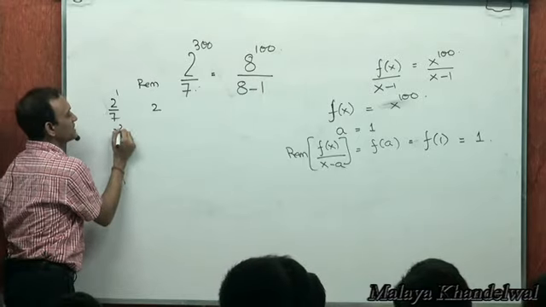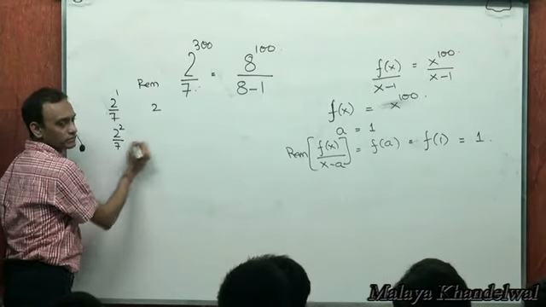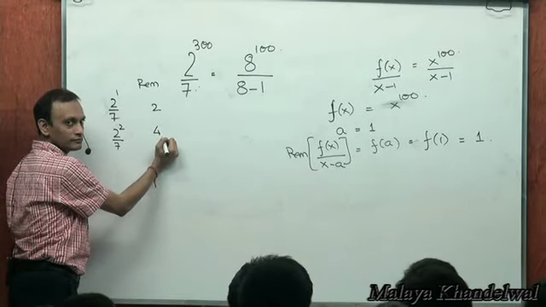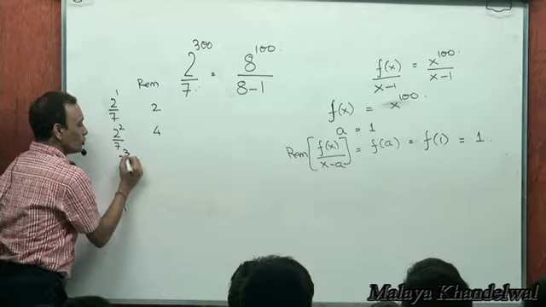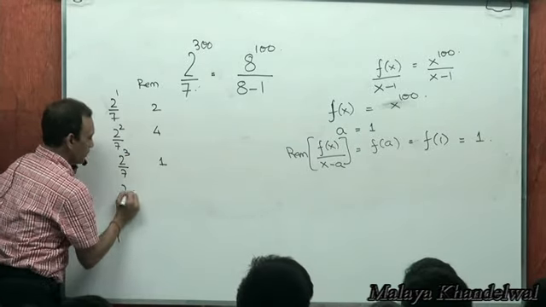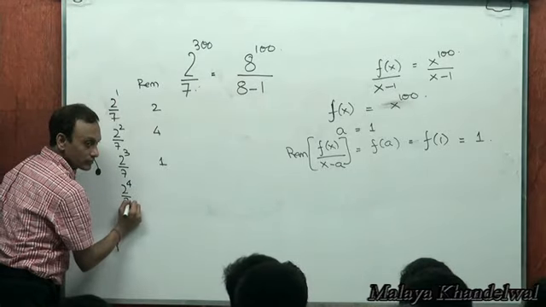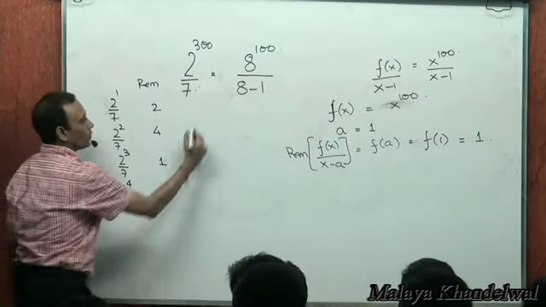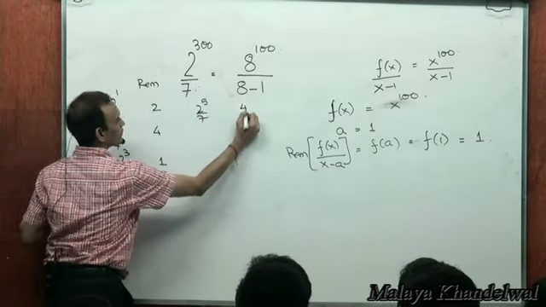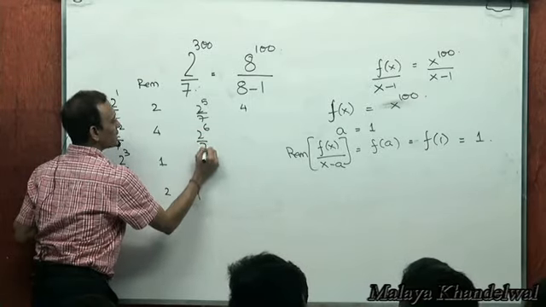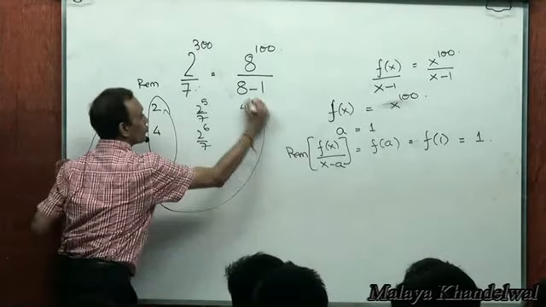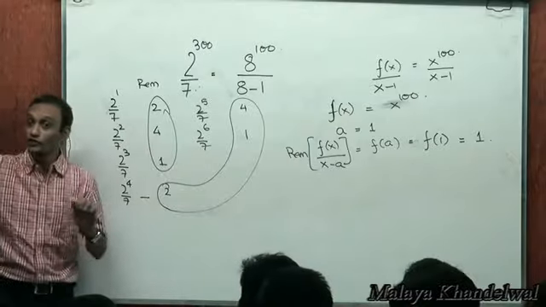When 2 squared is divided by 7, the remainder is 4. When 2 cubed is divided by 7, what's the remainder? When 2 to the power 4, 5, 6 are divided by 7. 2, 4, 1, 2, 4, 1, 2, 4, 1, 2, 4, 1.